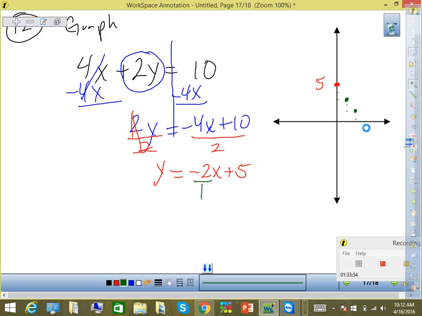And then you graph your line. Hands up if it looks like that. Well, I know it's not going to be as perfect as mine, but try. All right. Questions, comments up to right there.